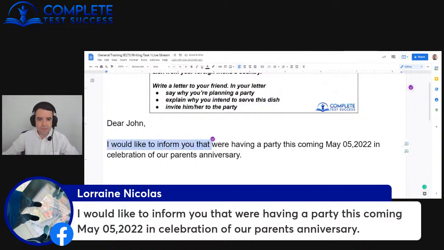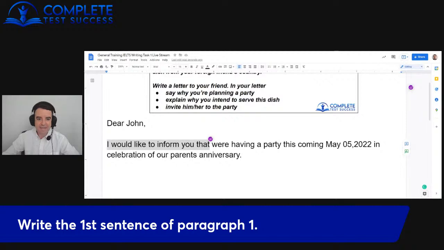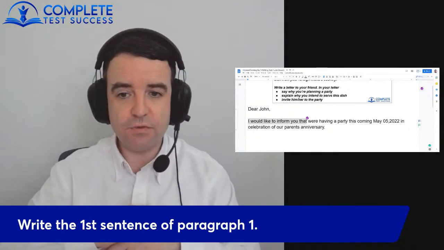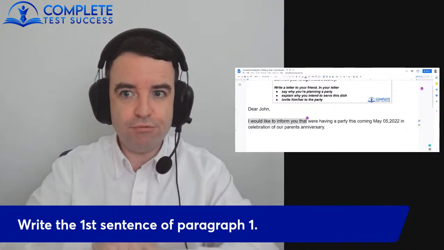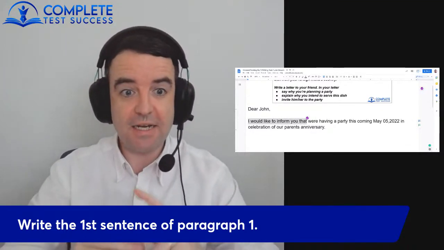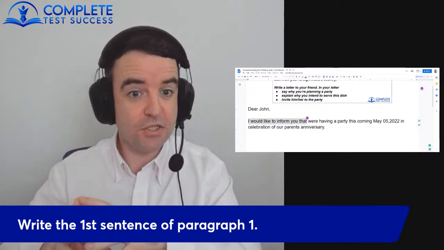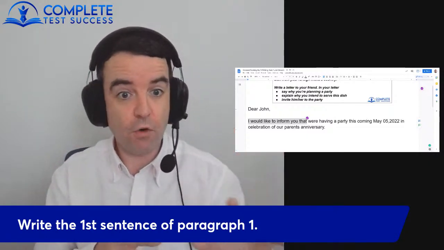Now, the problem with Lorraine's answer here is that it is a bit formal for an informal letter. So you're writing to a friend, and what's really, really important for your task achievement is that when you're writing to a friend, you only use informal language, or at least you avoid using formal language.